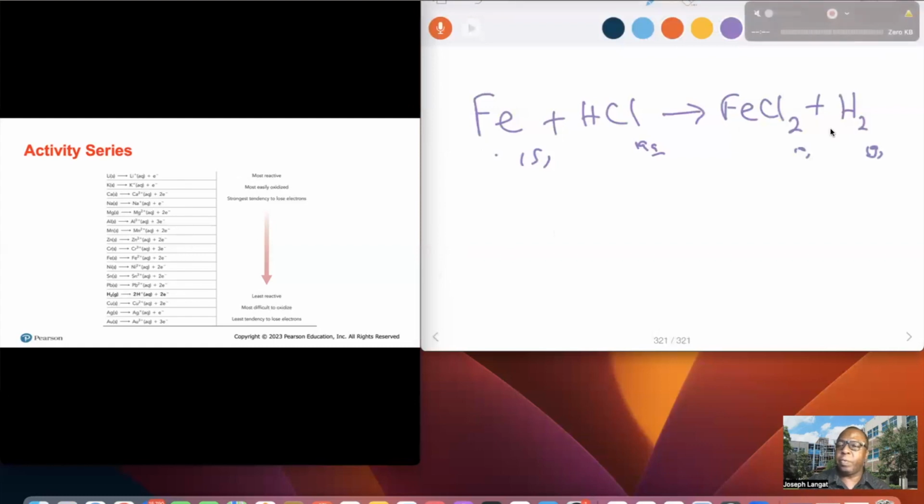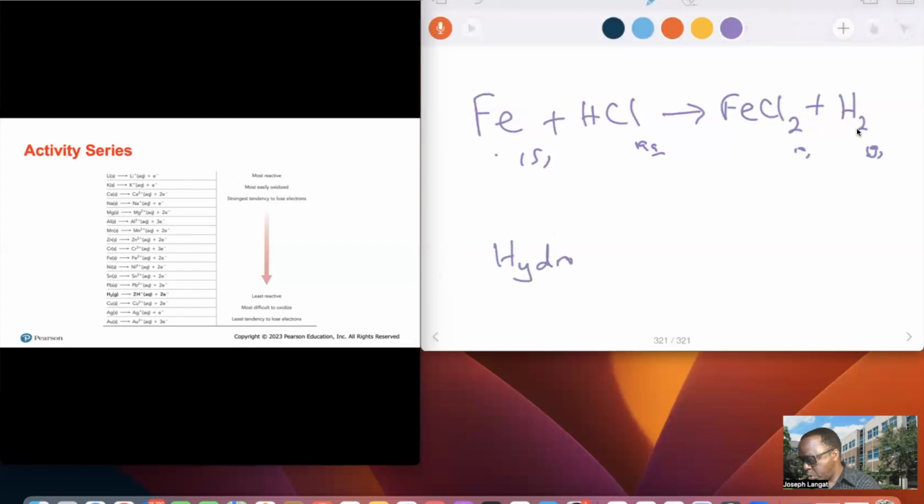And all acids give you molecular hydrogen, hydrogen gas, which is H2. It's not 1H. I've seen students give me 1H. And by the way, the equation has to be balanced. So here we have a 2 and a 2, so the equation is balanced.